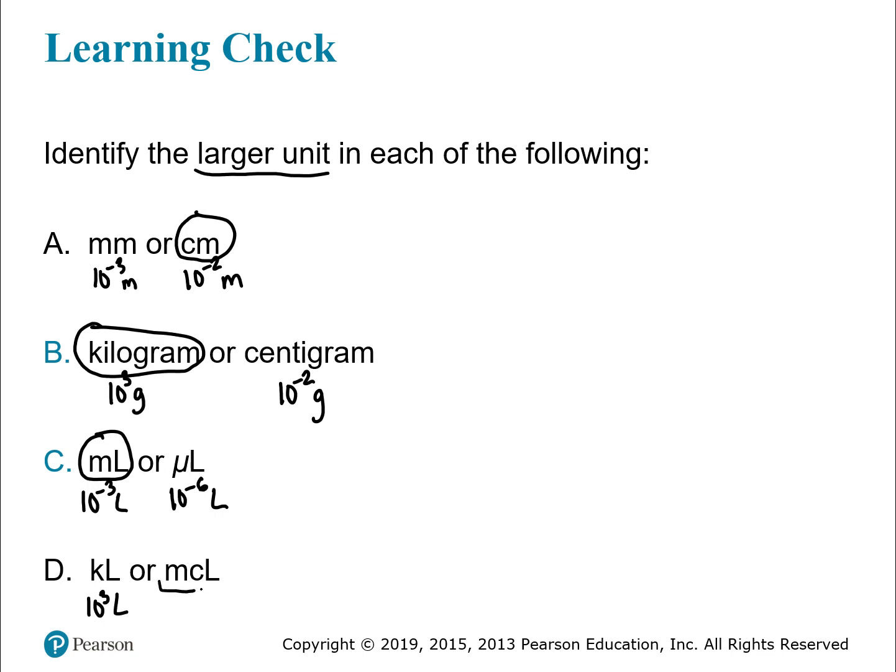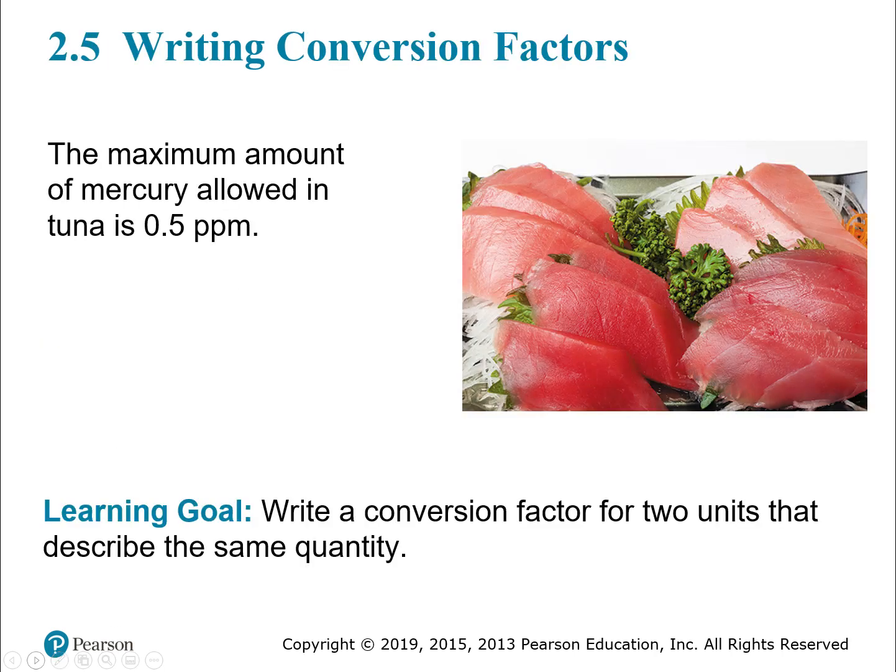And remember, this mc is the same thing as the mu. So that's for micro, and that's 10 to the minus 6. So the kiloliter is bigger. Make sure that you get those prefixes, that you know how to look at the table and use it, and how to identify it.